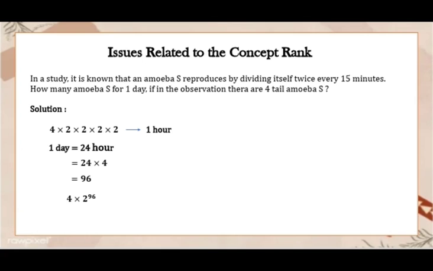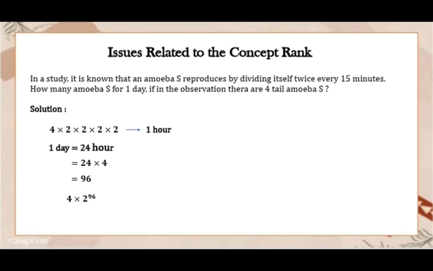Now, every 15 minutes, it divides itself into 2, which means it is multiplied by 2. Then 15 more minutes, times 2 more, 15 more minutes, times 2 more. It's been 4 times 15 minutes, right? That means an hour in total. Now, in this 1 hour, it is multiplied by 2 four times.